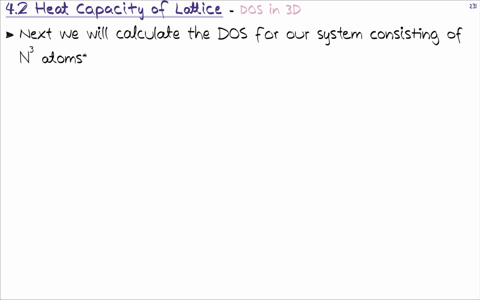And here we think that we have a system consisting of N cubed atoms, or more precisely, I guess we should actually say that we have N lattice points, or N cubed. And I'm not exactly sure. Should I have N cubed here? What is the number of atoms? Because earlier we had just N atoms when we were treating a one-dimensional system, and I have a feeling that this is actually a variable that is not being generalized when we go to 3D.